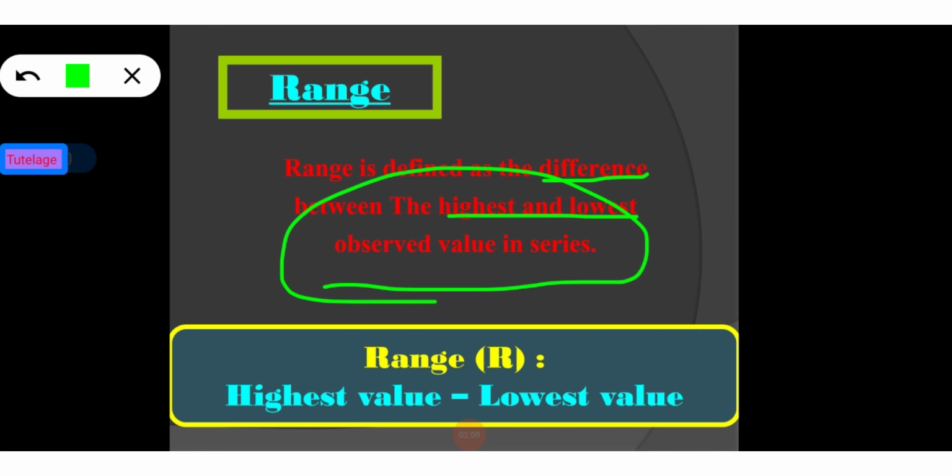Clear? The formula of range is highest value minus lowest value. That's why we call it one of the most simple and commonly understandable measures of dispersion. I think this is clear, what we mean by range and what the basic formula of the range is.